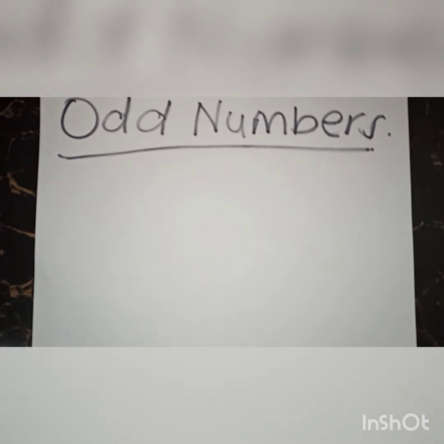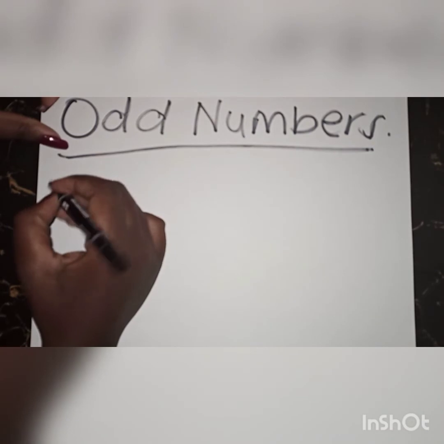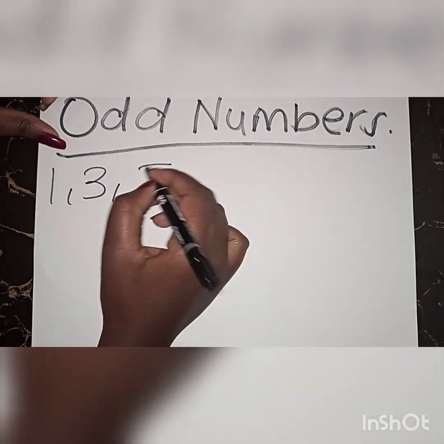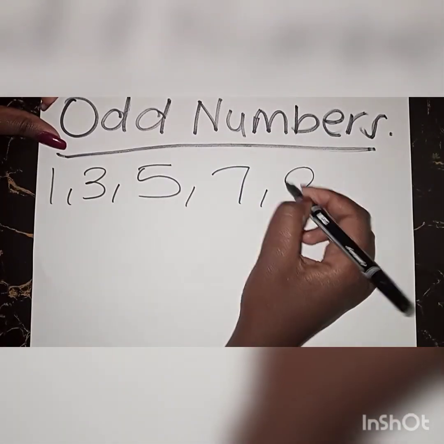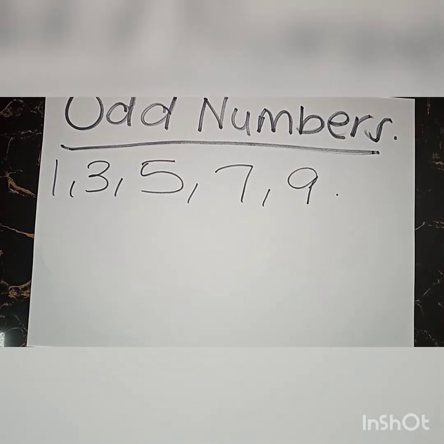Odd numbers are all the numbers that end with 1, 3, 5, 7, or 9. Okay, so in short, we can say that numbers that are not even numbers are odd numbers, okay? Because numbers are either odd or even, okay? So that means if a number is not an even number, then that automatically means it's an odd number, okay?